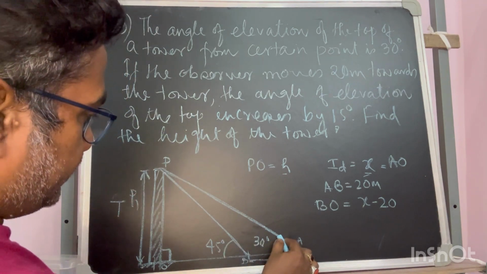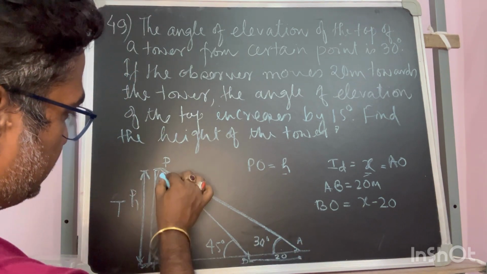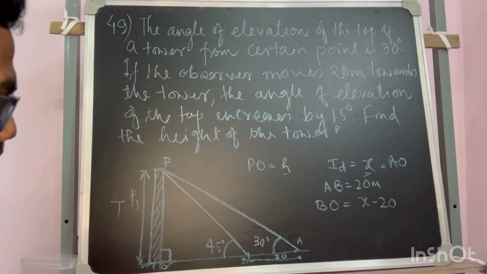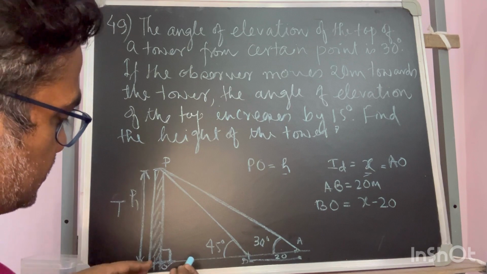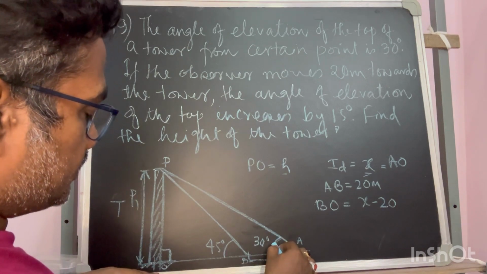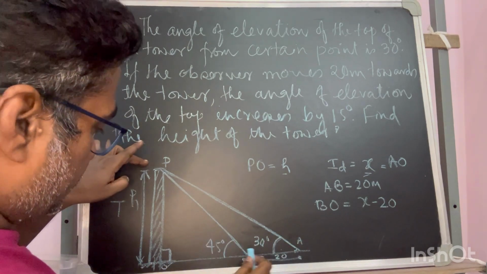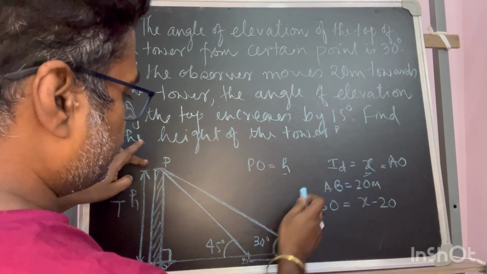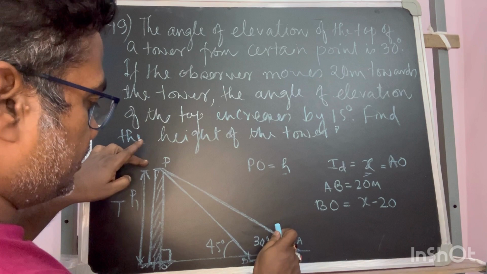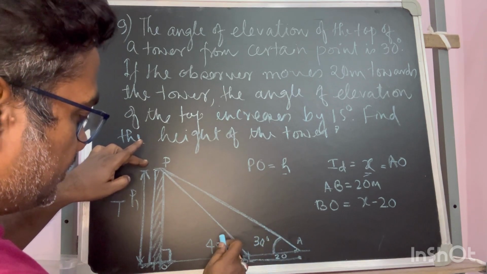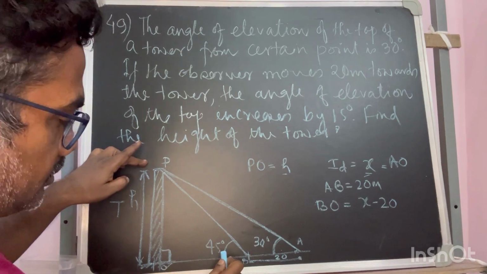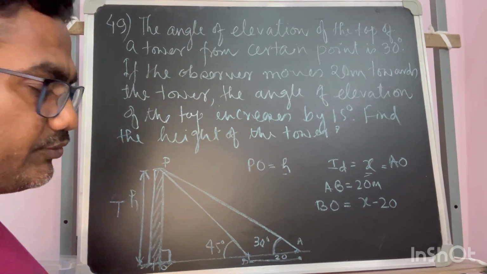If I take the tan of this angle, it relates height upon base. So for tan 30, height upon this distance x, h and x together will form an equation. In the same way, if I take the tan of the other angle, h and x will also come. So two equations can be formed with the angles.